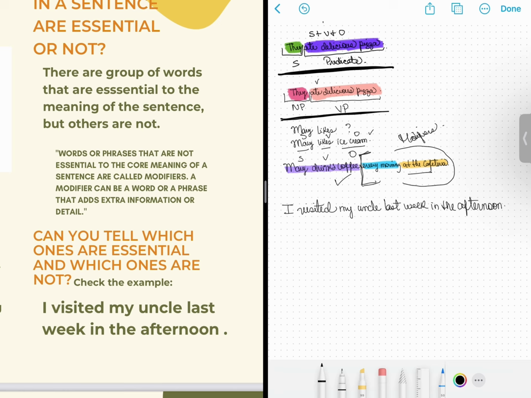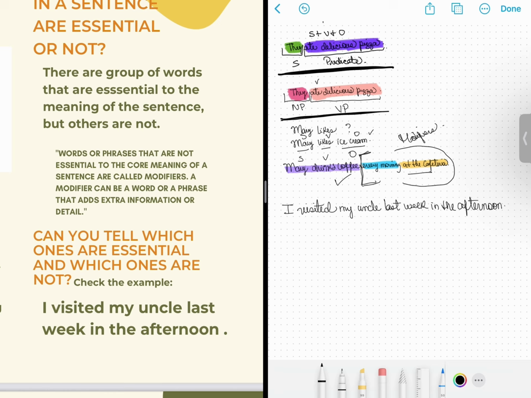In the pretest, I asked you to underline constituents in the verb phrase. Now you know what is a noun phrase, now you know what is a verb phrase. Also, I asked you to underline modifiers in the sentence. And those examples were very easy. Now I'm giving you longer sentences. But now you know what modifiers are.